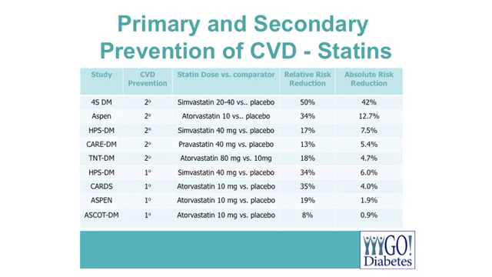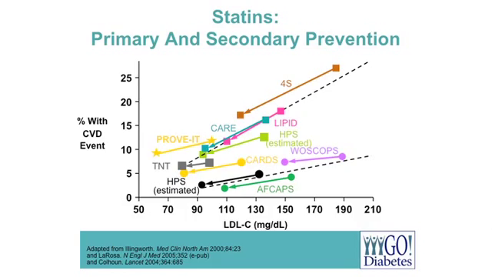So you see the 4S trial has a relative risk reduction by adding simvastatin of 50%. That seems really huge, but that doesn't mean that simvastatin is better than the others, okay? When you go to this next slide, there's the 4S way up at the top.